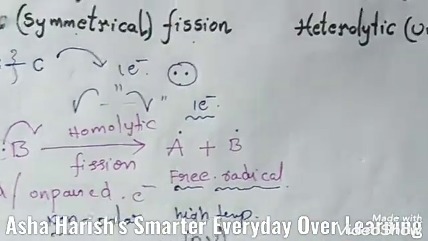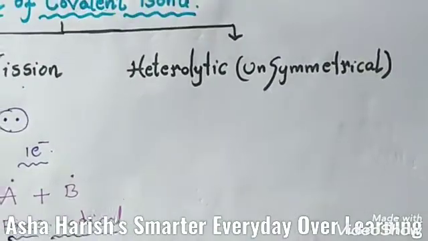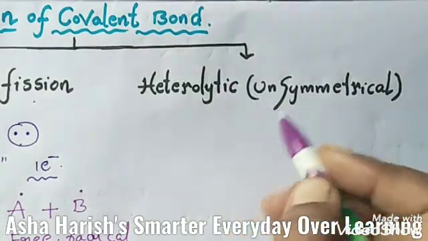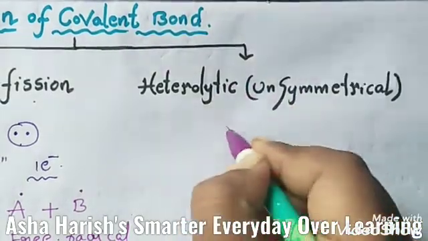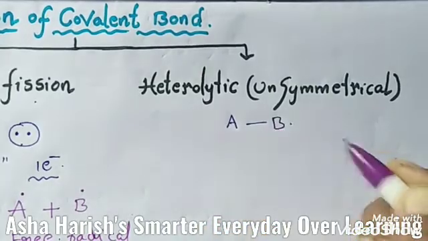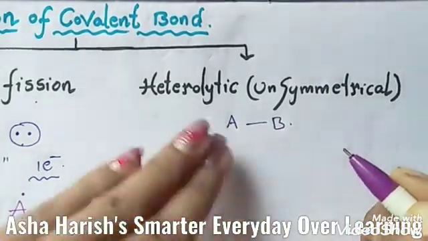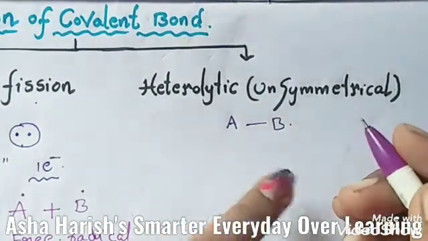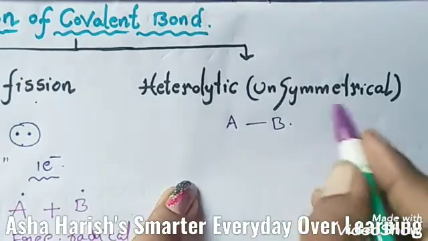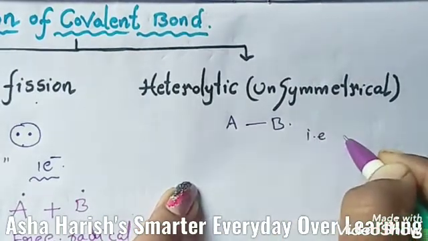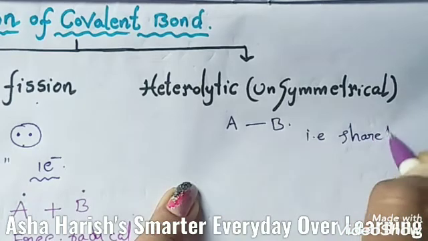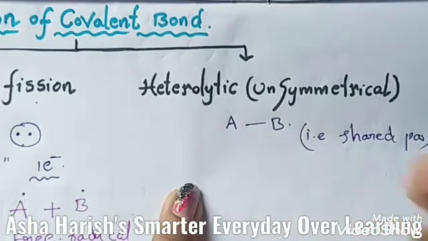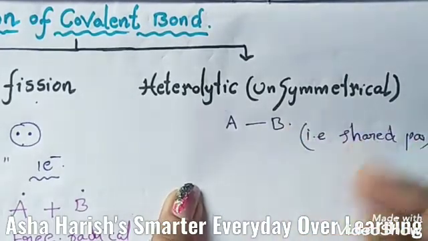Now let's see the second one, heterolytic or unsymmetrical fission. Suppose a covalent bond joining two atoms, A and B, breaks in such a way that both electrons of the covalent bond, that is the shared pair of electrons, are taken away by one of the bonded atoms.